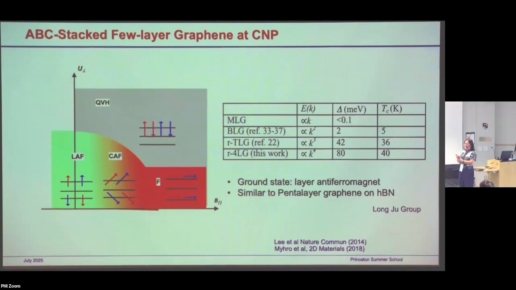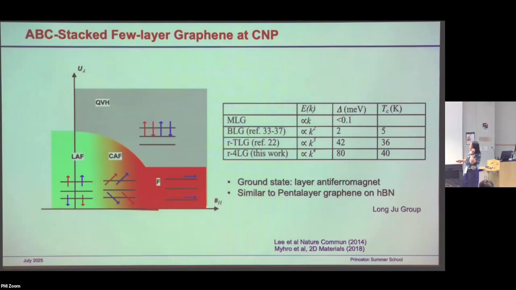Sometimes we're asked, why didn't you go to five layers? We stopped at four layers because people told me there's nothing new, and I cannot get funding for it. But of course it's not really that simple. Suspended samples do not sustain very high electric field or charge density because of the electrostatic pressure, which can break them.